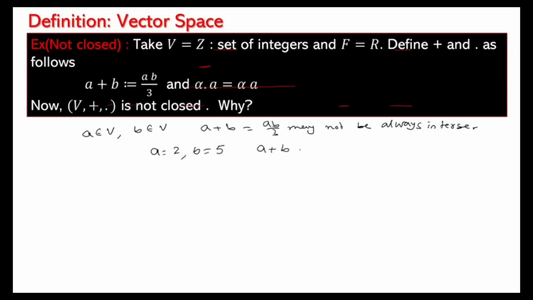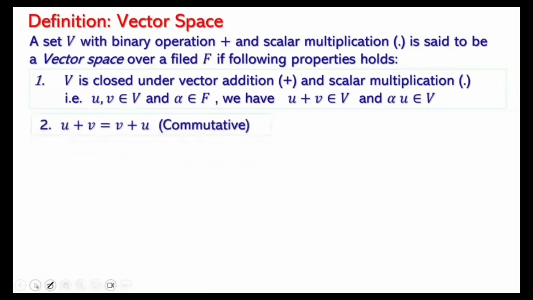Then A plus B is equal to 10 over 3, which is not an integer. So therefore it is not closed, though alpha A is closed. So the scalar multiplication is closed, but addition is not closed. Let's have the next property.